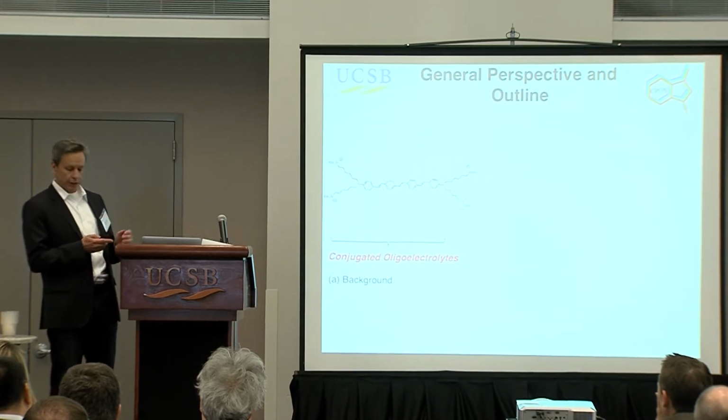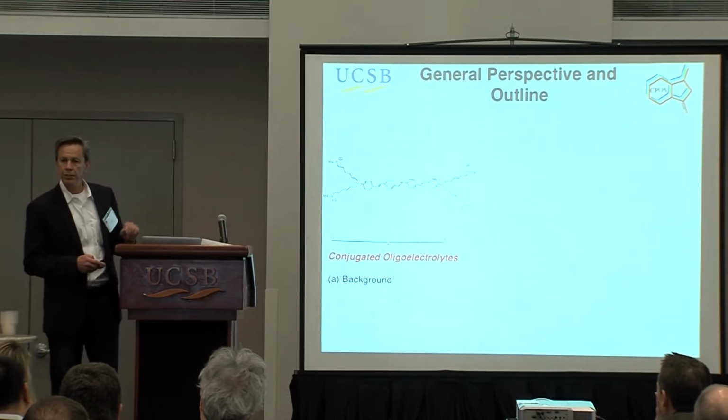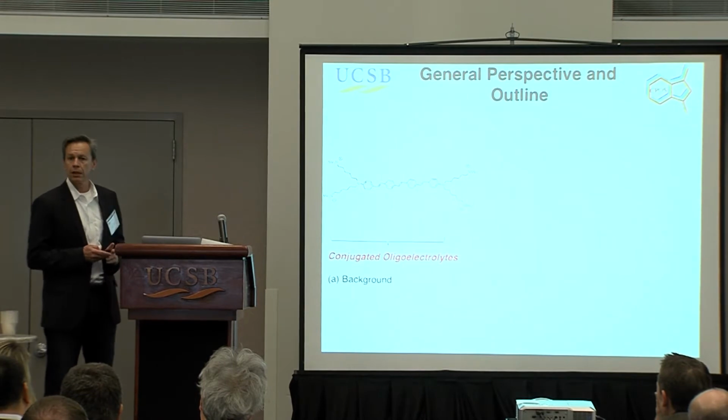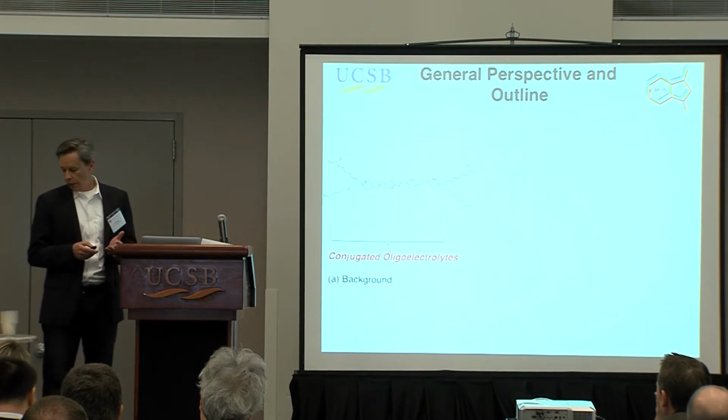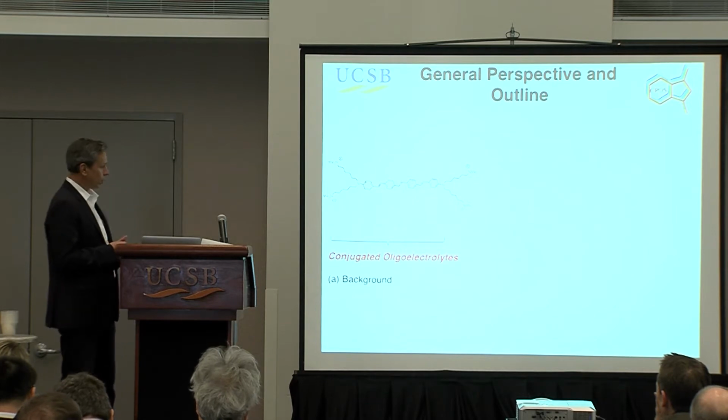This is an outline of the talk. It turns out that these molecules spontaneously insert into membranes, either artificial or in microbes. It's very easy, you don't have to do much work.